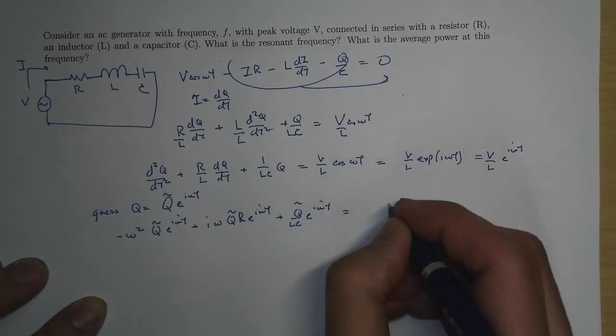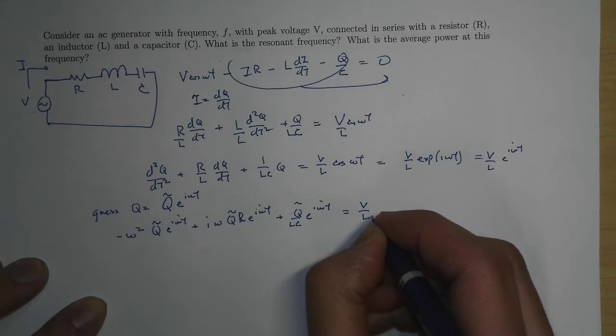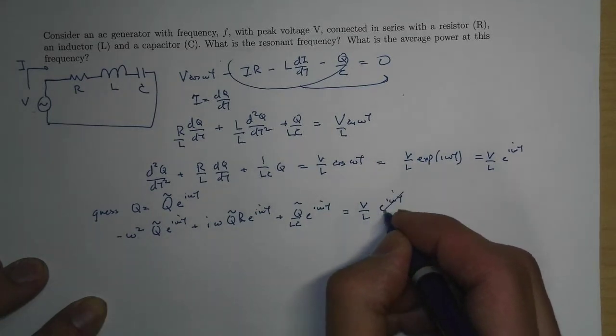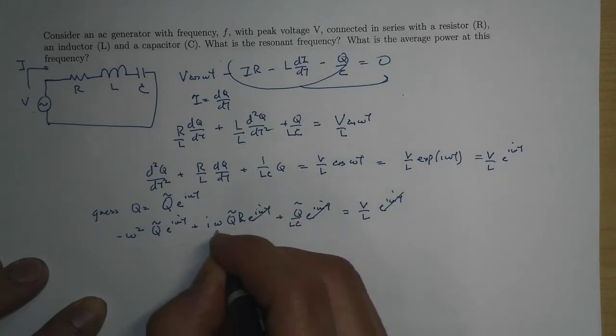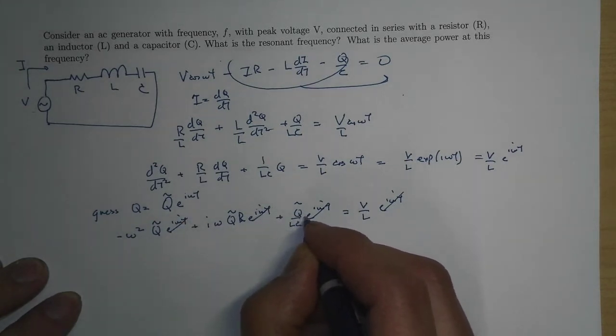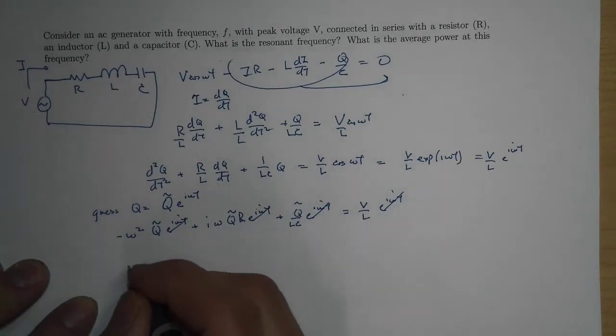This is equal to V over L e to the i omega t. Now you can see the e to the i omega t's kill each other off, and I have an expression for q squiggle in terms of everything else.